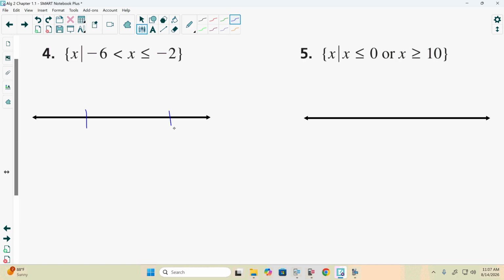So we do need 2 endpoints, yes? Smaller on the left, bigger on the right. I do not need a 0. I do not need a scale. What's the relevant information? Those 2 points, yes? Even if it was a single unbounded interval, we just need 1 point in whichever direction it's going.